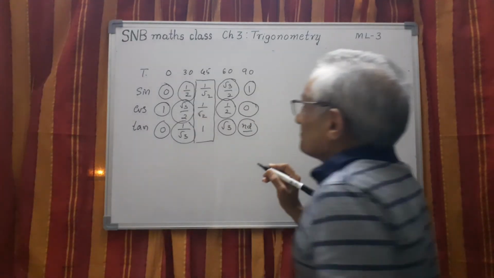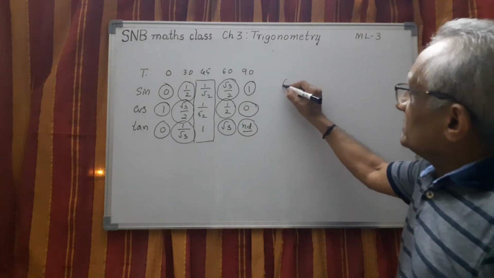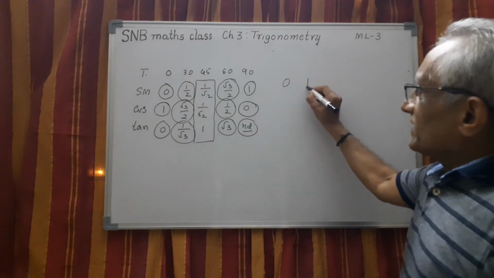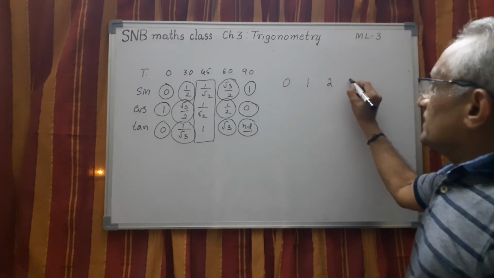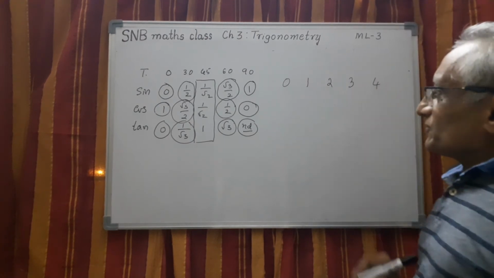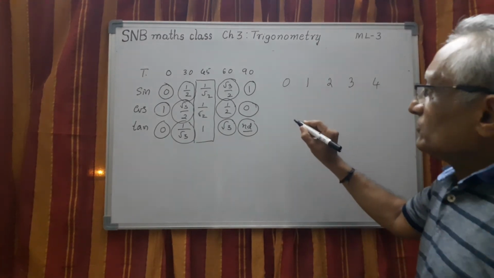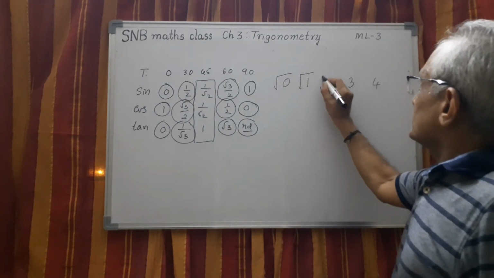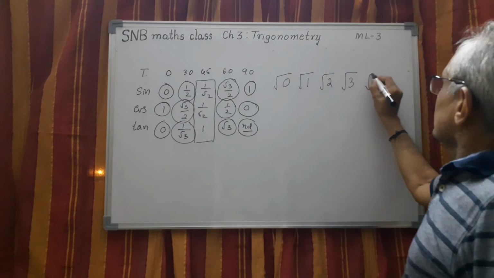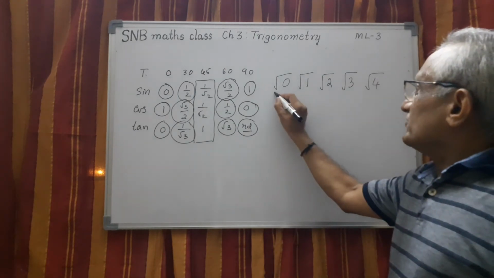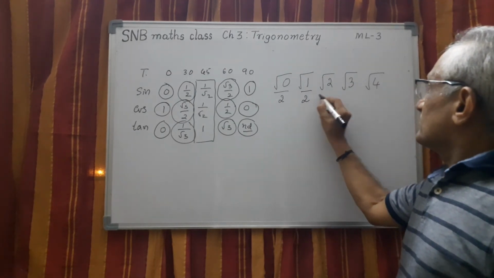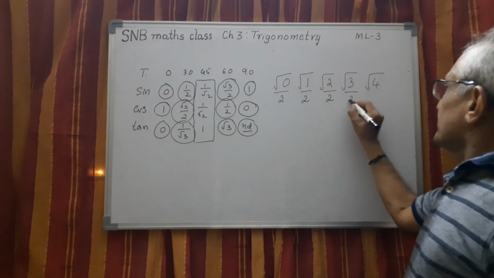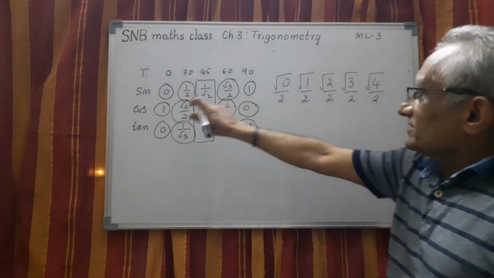See, for example, if you write 0, then 1, then 2, then 3, then 4. Then what you do is take the square root of this like this. Then divide by 2. What do we get? Sine ratio you get.